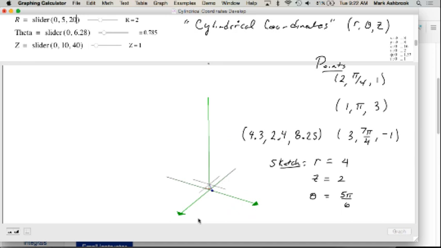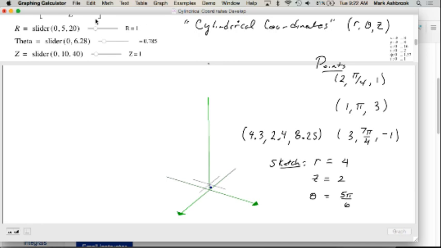So here's the first point, (2, pi over 4, 1). It's in the first octant. R is 2. The angle sweeps halfway through the first octant, and then up z equals 1. And then r equals 1.